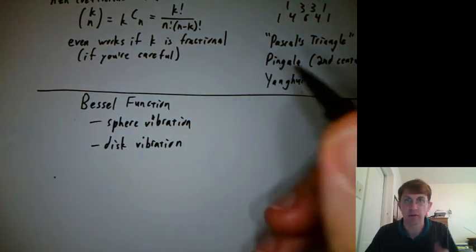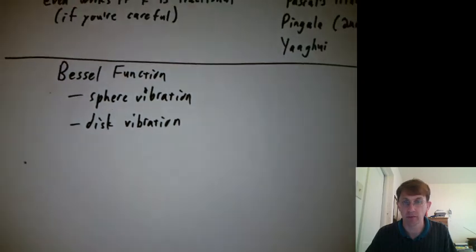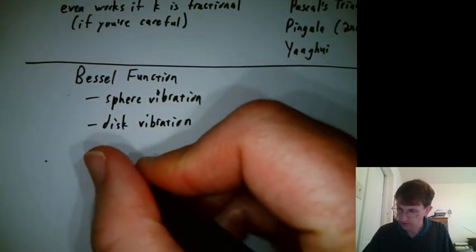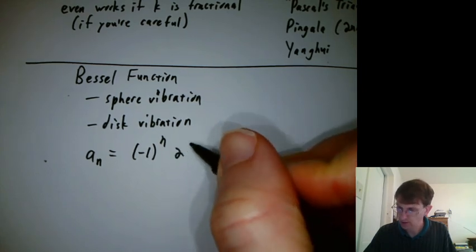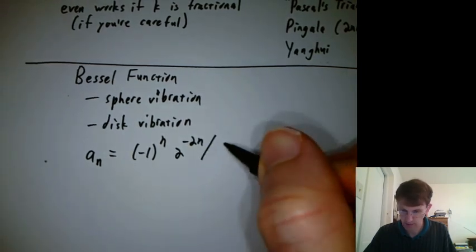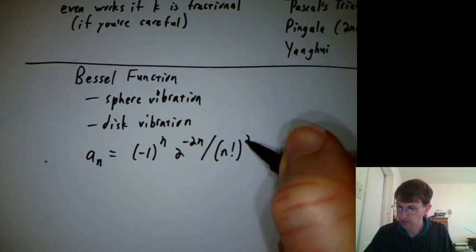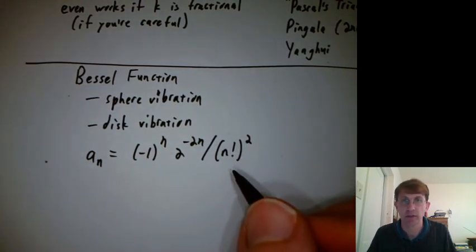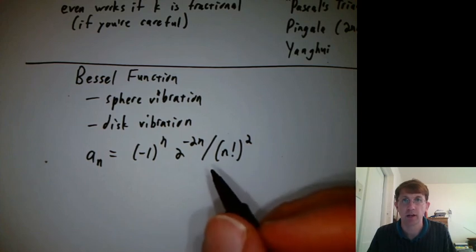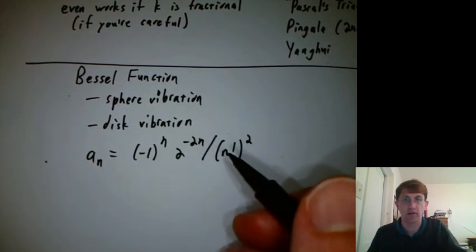And we'll even see a little bit of that in the homework. But it just has a sub n equals negative 1 to the n, 2 to the negative 2n divided by n factorial squared. So it's a relatively nice formula, all things considered, and it's useful in all kinds of vibration problems.